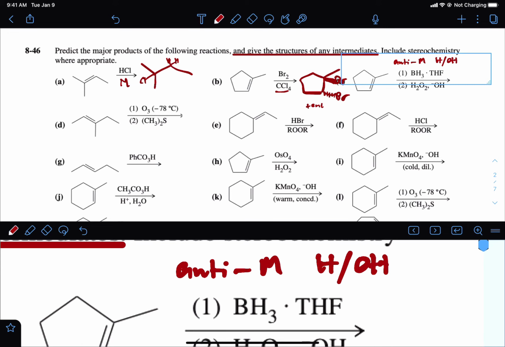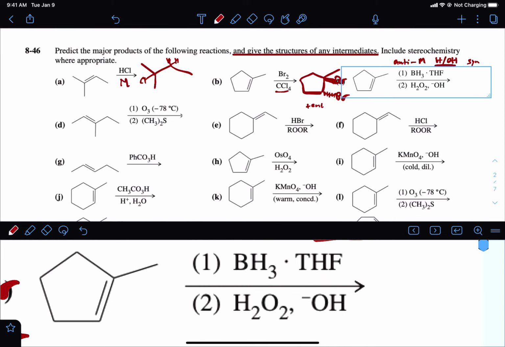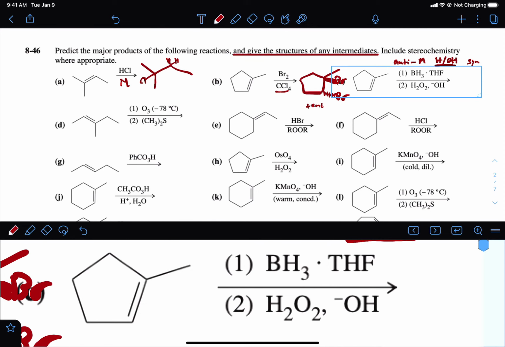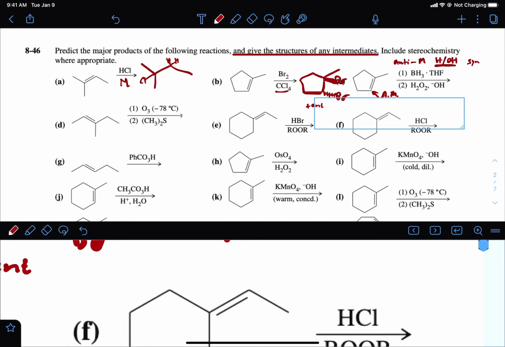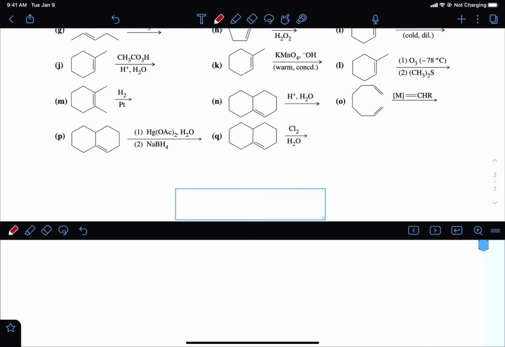And specifically, it goes syn, meaning that the OH and the H add to the same face. So if I analyze this, this is the anti-Markovnikov position. That's where our OH will go if we violate Markovnikov's rule. So let me draw this down here, actually.